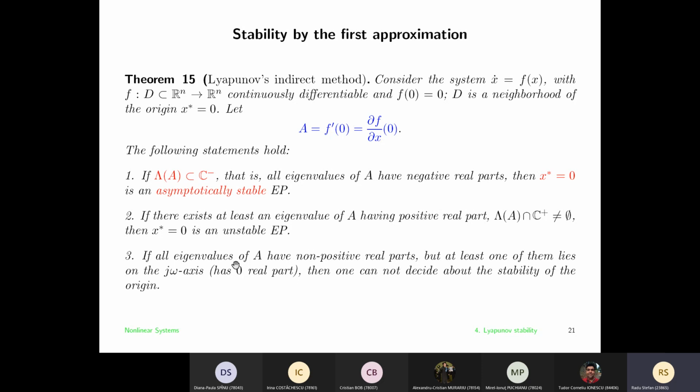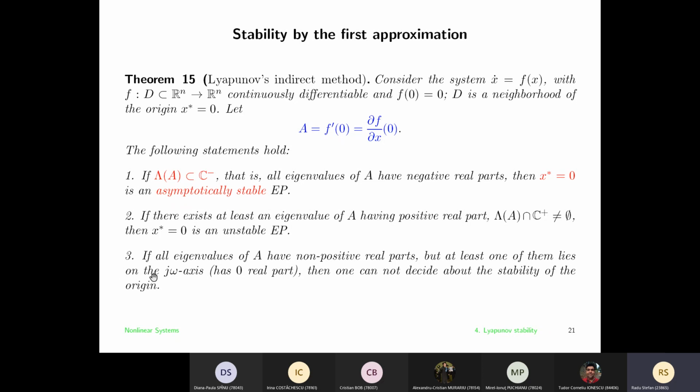What happens if A is, as we called it in linear systems theory, marginally stable, or let's say stable in the not strict sense? What happens if you have eigenvalues with 0 real part, which are on the j omega axis?